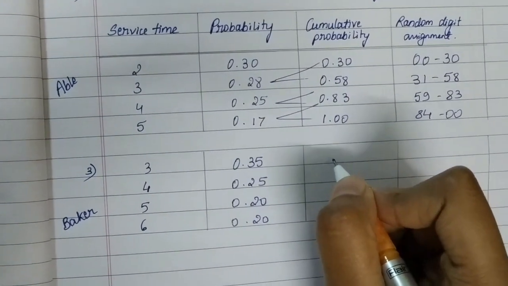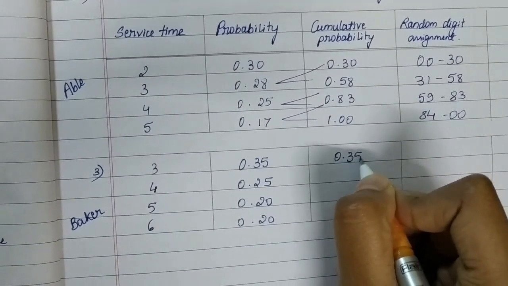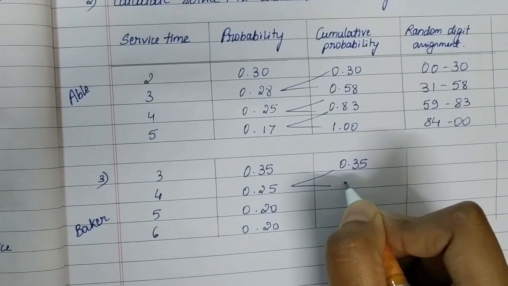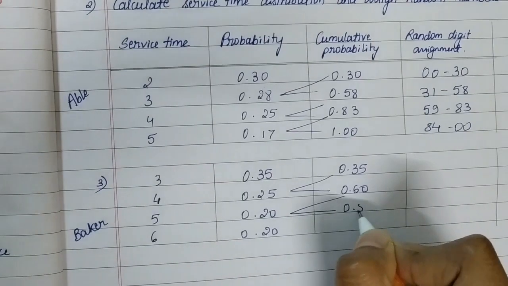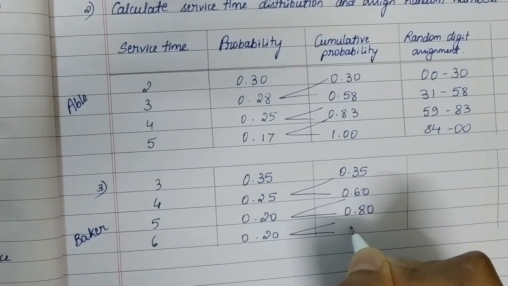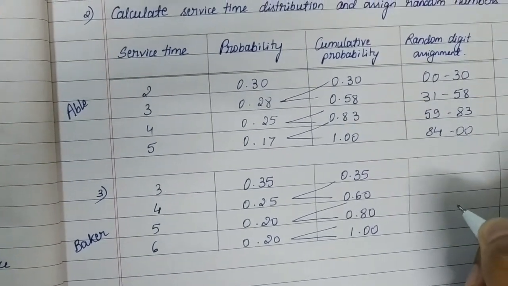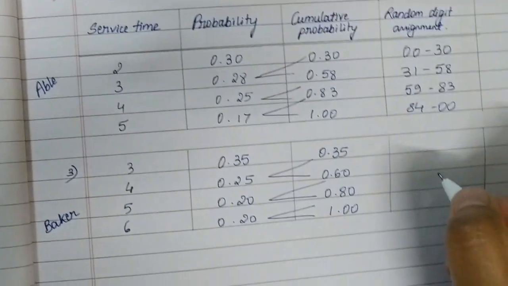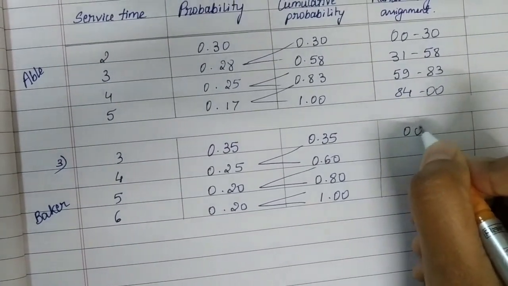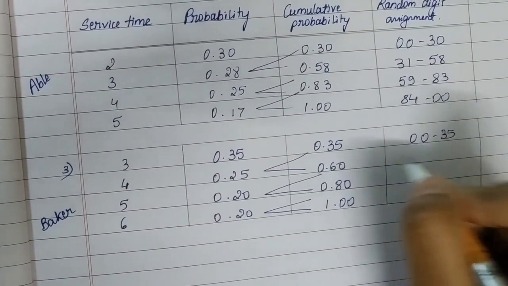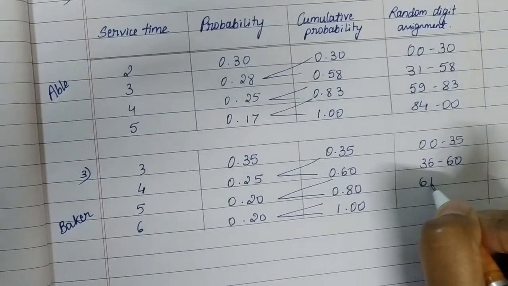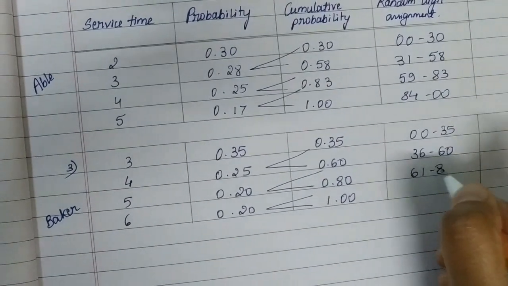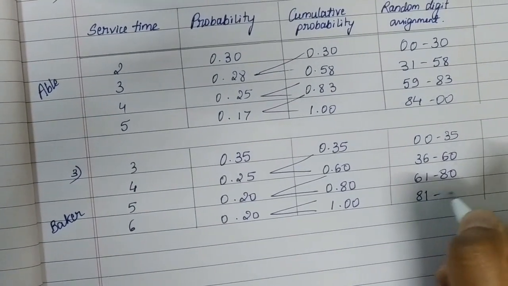Cumulative probabilities are 0.35 plus 0.25, 0.60 plus 0.20, 0.8, and 1. Let's assign the range: 0 to 35, 36 to 60, 61 to 80, 81 to 0.